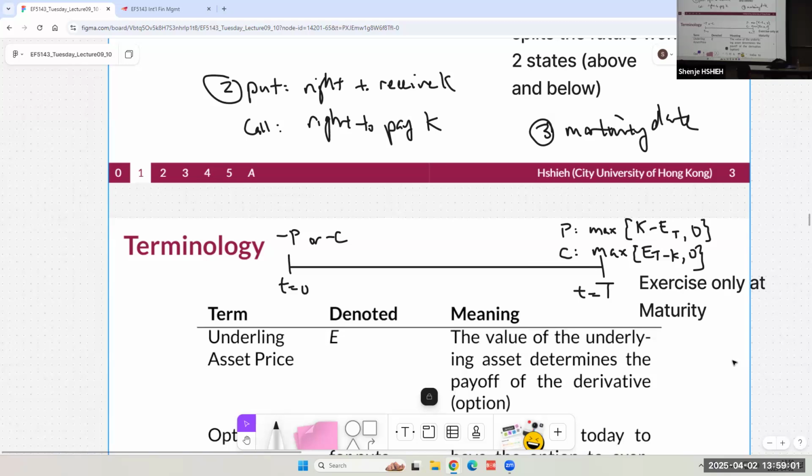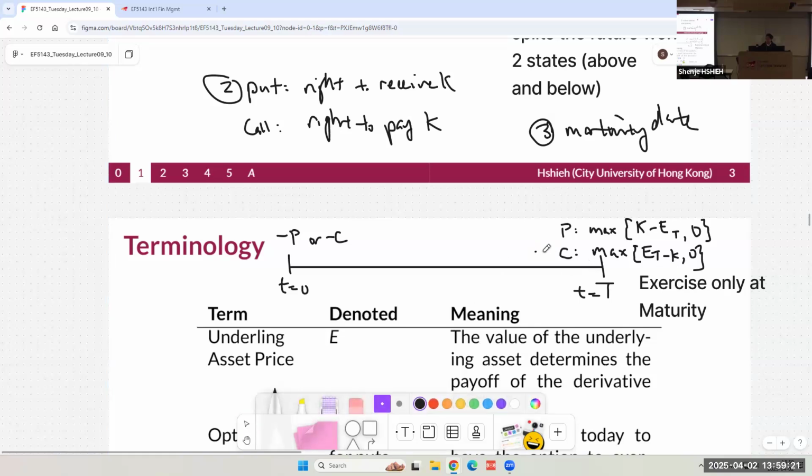Okay, so if you're a long call, you have to pay P or you pay C, hence the minus P and minus C. At maturity, you have the right, but not the obligation, to pay for an asset at the price of K, so that's the call option.